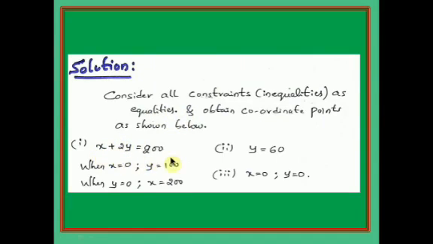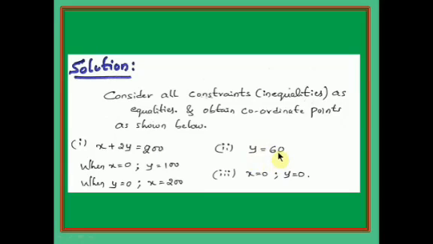In the problem, x plus 2y less than or equal to 200 was given, but as mentioned, the first step is to consider it as an equality. So x plus 2y is equal to 200. And the second constraint, y less than or equal to 60, is taken as an equality, y is equal to 60.